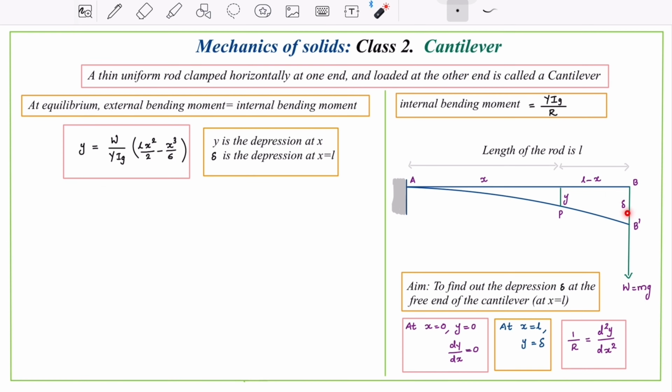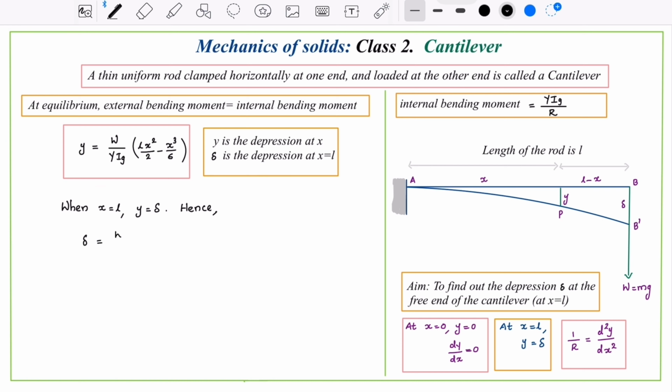We need to find out the depression delta at the free end of the cantilever, that is at x is equal to L. That is when x becomes L, the depression becomes delta, the maximum deflection possible. Now just substitute the value of y as delta and x as L in the above equation. We will get the depression delta at the free end of the cantilever.